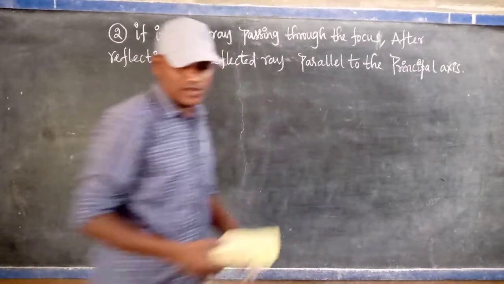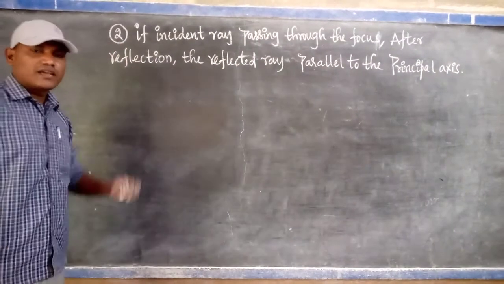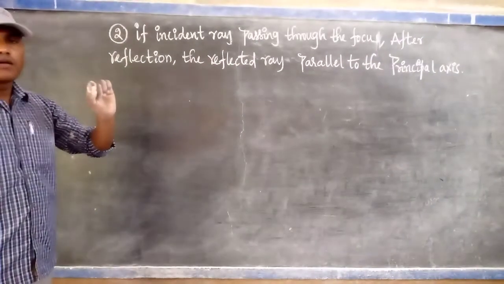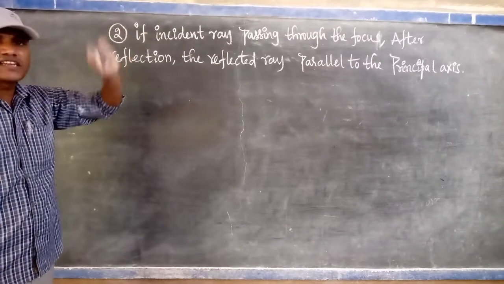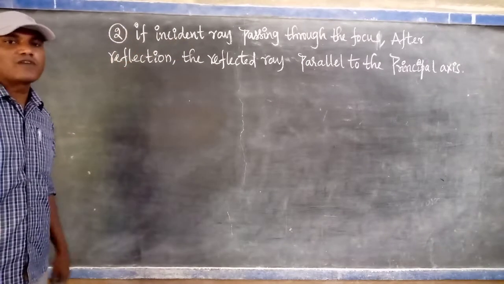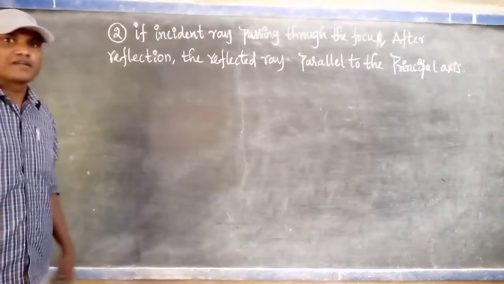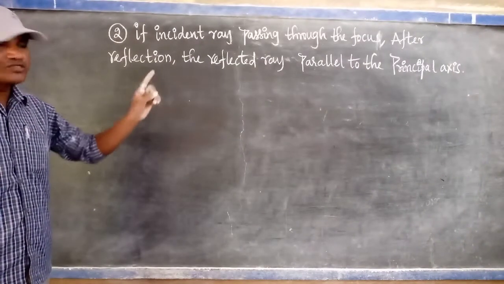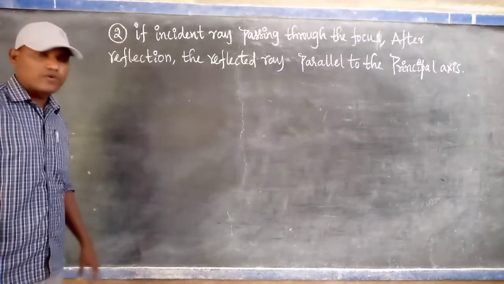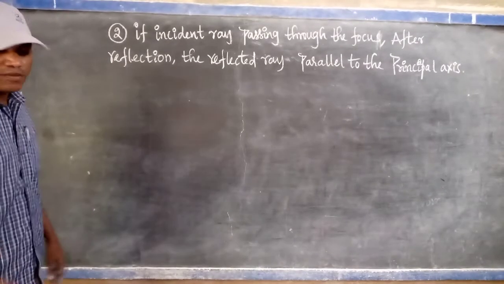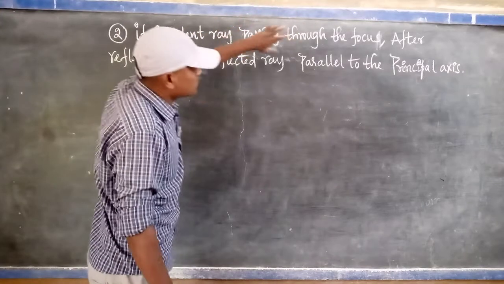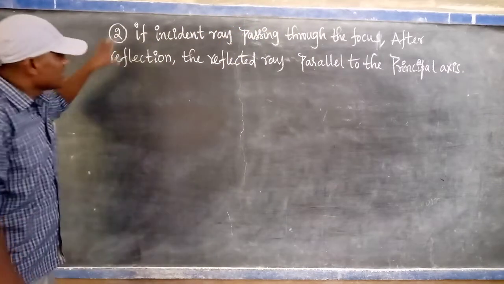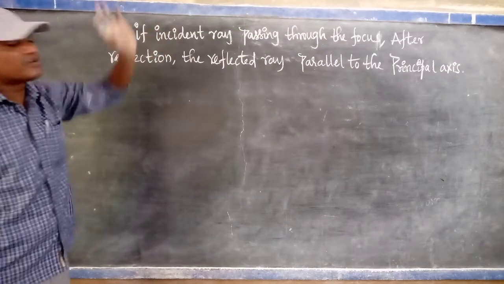So listen, the previous one is: if an incident ray is parallel to the principal axis, after the reflection the reflected ray must pass through the focus in case of concave mirror, and appears to diverge from the focus in convex mirror. But the second one is: if an incident ray passes through the focus, after reflection the reflected ray is parallel to the principal axis.